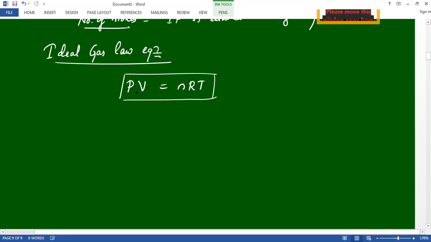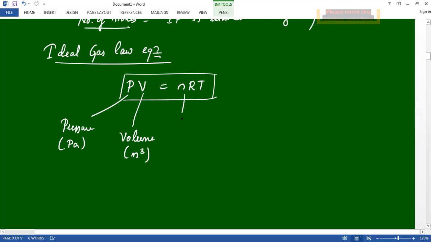Here P means pressure, and its unit is Pascal. V is volume, which should be in meter cube. n means number of moles.